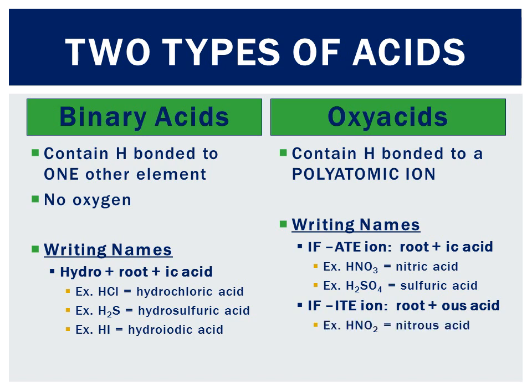For the next set, if the polyatomic ion ends in ite, then the acid ends in ous. So I have HNO2, which is nitrite, so it's nitrous acid. I have H2SO3, which is sulfite, so it's sulfurous acid. Okay, so that's writing the names.